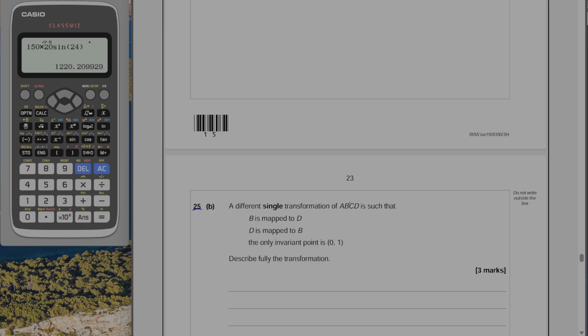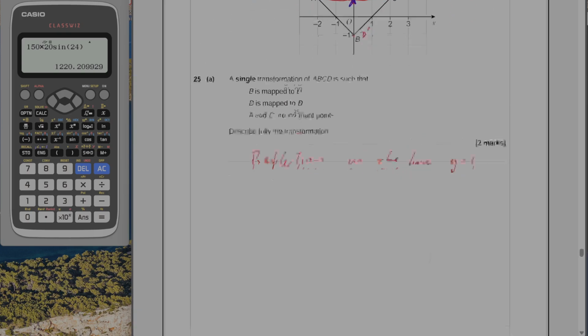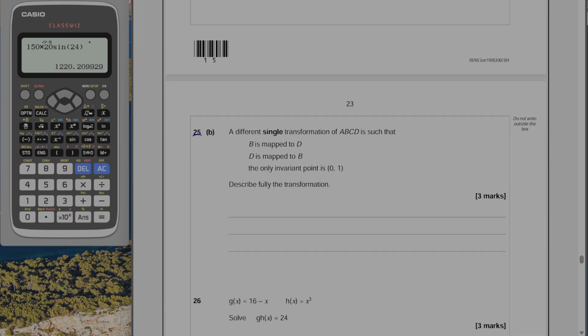So that's still mapped, that's still mapped. B to D, D to B. Okay. So that's going to be a reflection. Sorry, a rotation of 180 degrees about 0, 1.